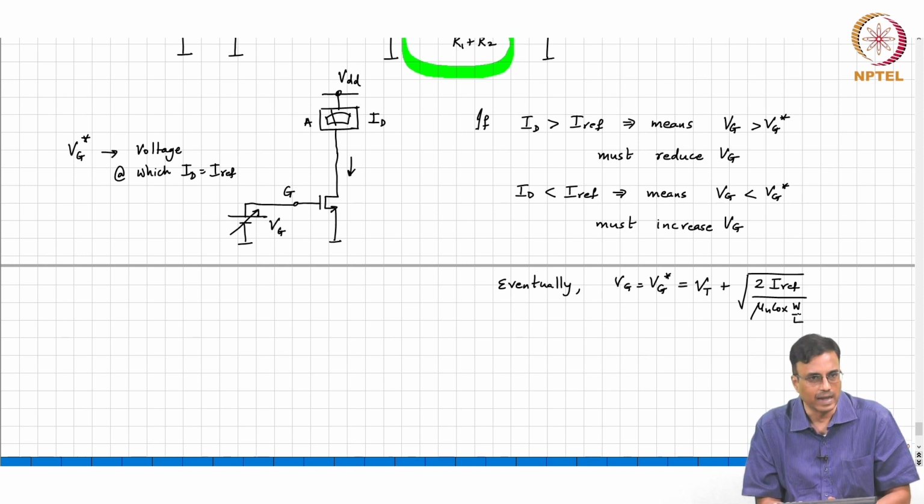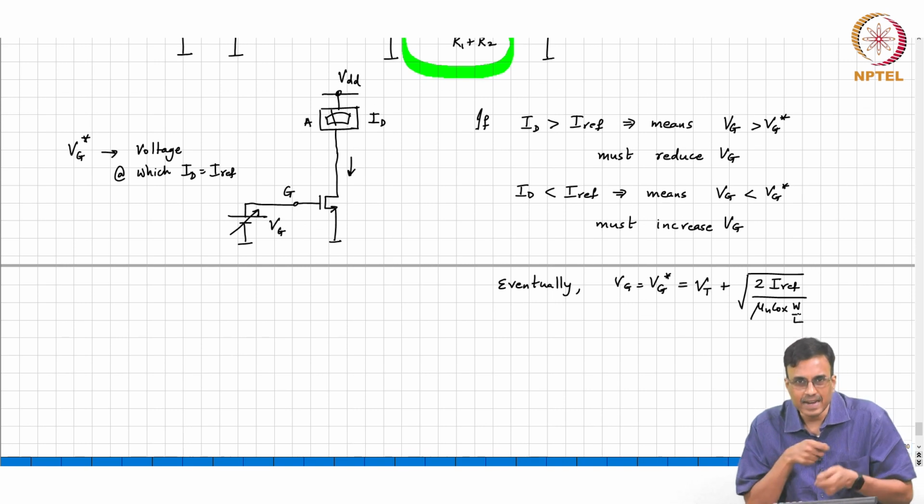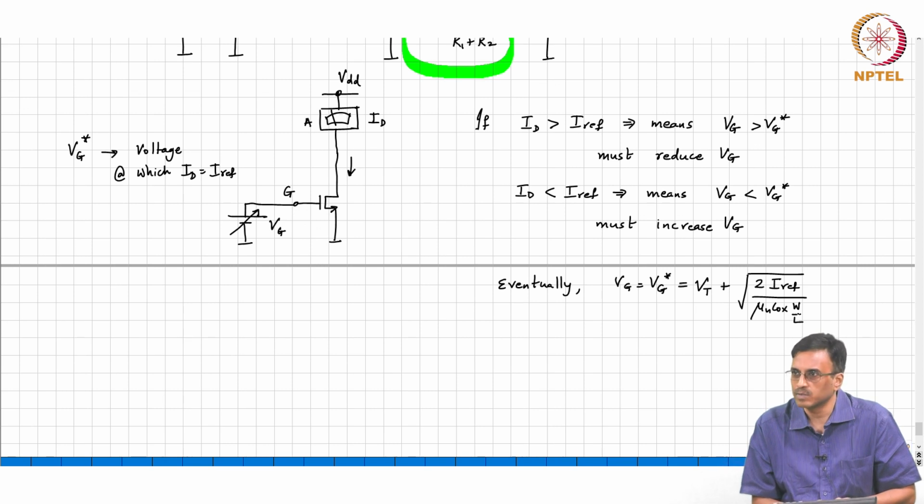will also give you ID equal to Iref. Now, if the temperature changes, or the device changes, what do you have to do again? You again have to make measurements, again extract mu n Cox W by L and Vt, again do the math, and then find that Vg.